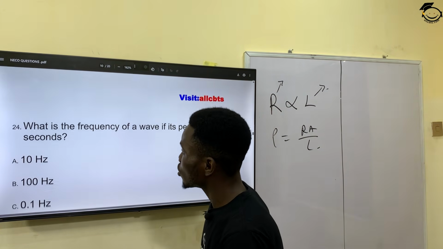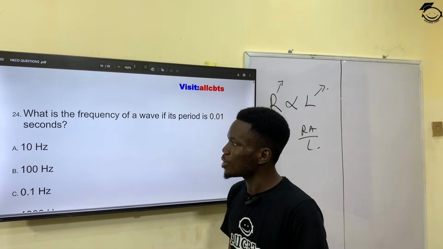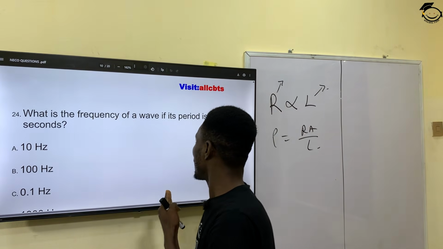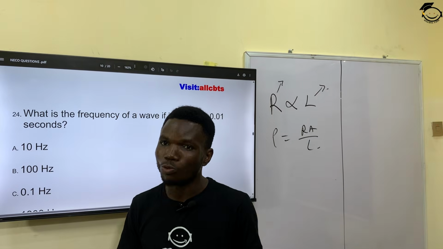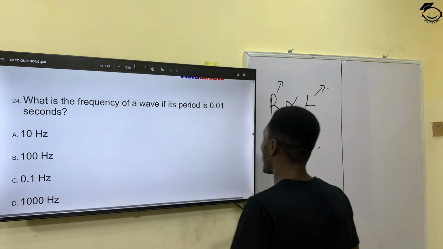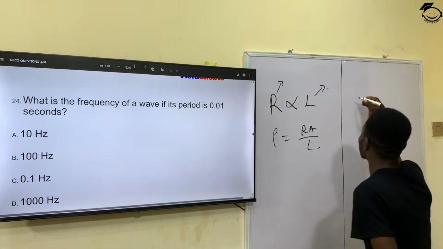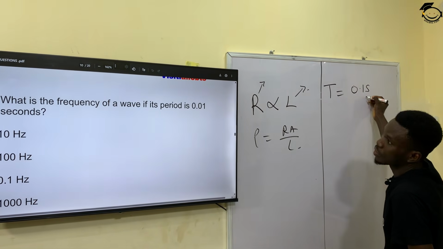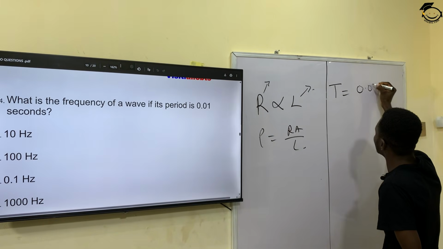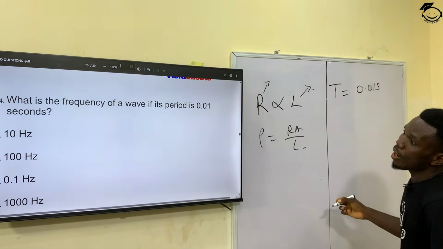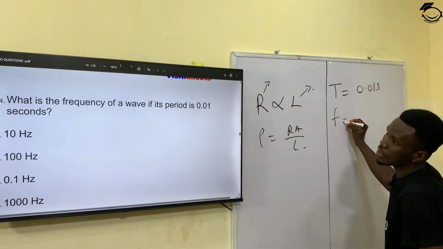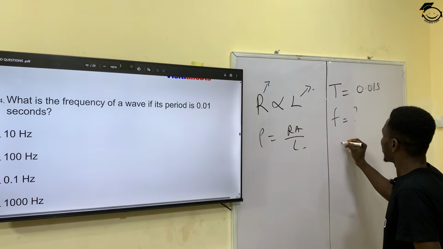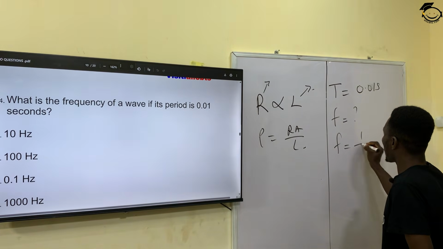So that takes us to question number 24, which says, what is the frequency of a wave if its period is 0.01 seconds? So we know that our period T is equal to 0.01 seconds. We are going to find the frequency. And we know that the frequency of a wave is equal to 1 over period.